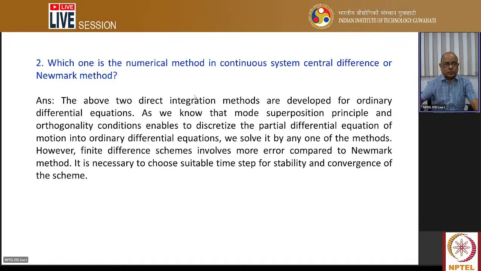So the direct integration scheme that I have discussed was developed for ordinary differential equations, but after decomposing into generalized coordinates, we can apply the numerical methods we discussed here to obtain the response, and then combine again with the mode shapes to get the response at different locations. So that is the procedure for a continuous system.